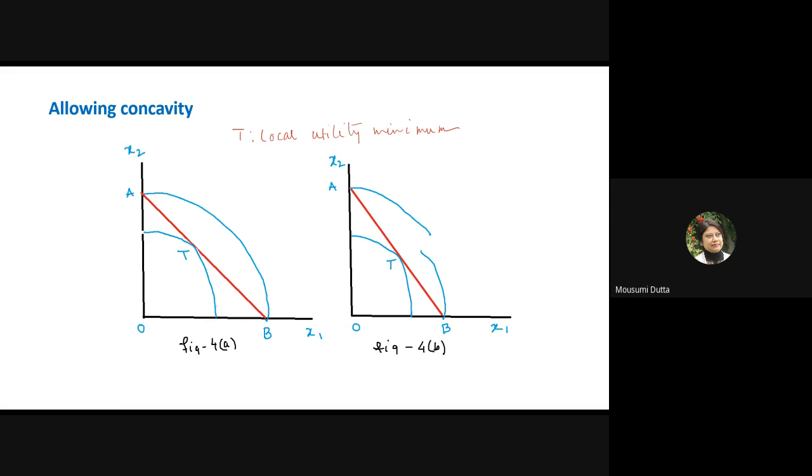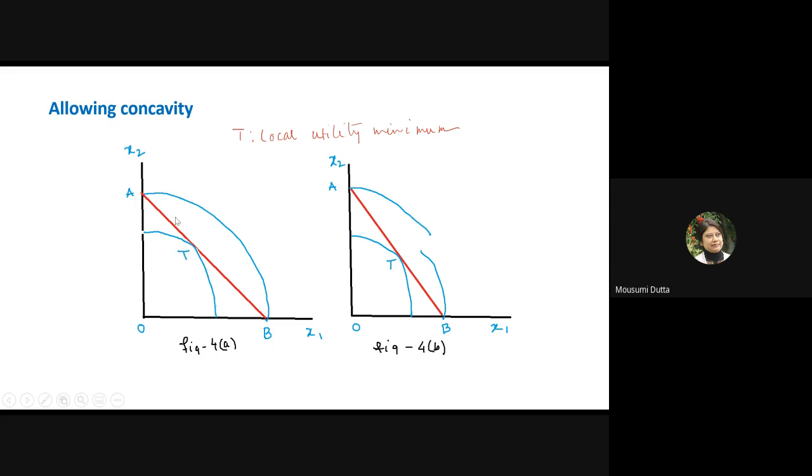Okay, so if I have more of x2, I'll like less of x1, or if I have more of x1, I'll like to have less of x2 and I'll move towards a higher indifference curve. So looking at the lower indifference curve, we are getting the local utility minimum at the point of tangency.